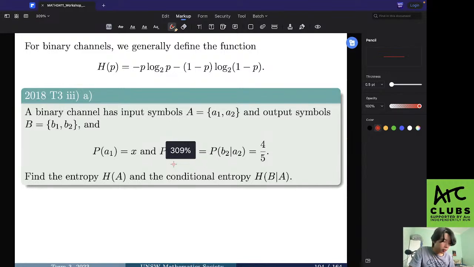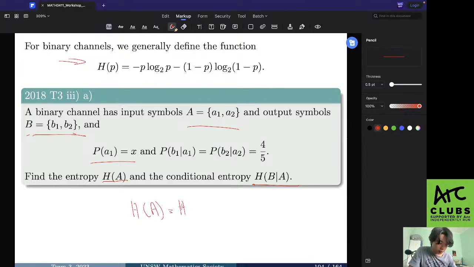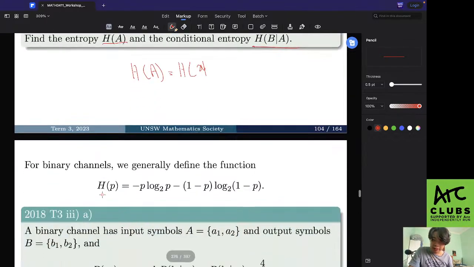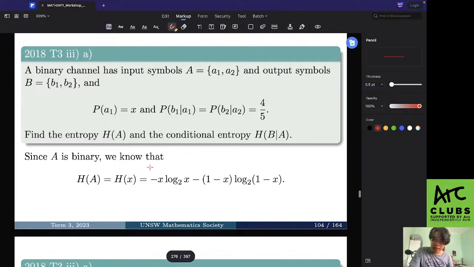So in this question, we want to find HA and HB given A. We know that A is binary, B is binary, and so we can actually use this fact since we know what the probability of PA is. And we realize, hey, HA is actually just equal to H of this probability, which is X. And if we expand it out, this is what our entropy turns out to be.